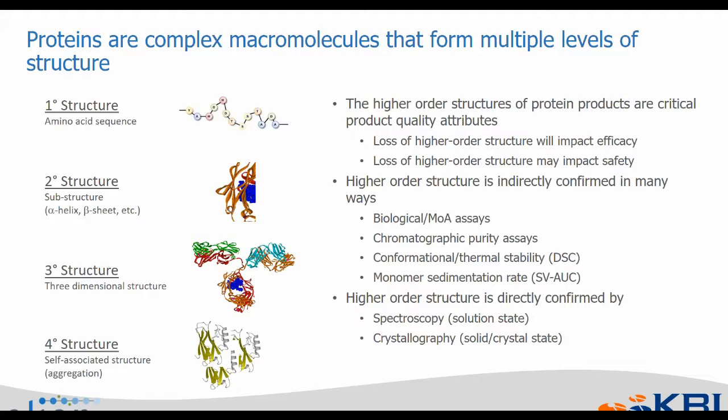There are a number of characterization tools that we also use, including differential scanning calorimetry and analytical ultracentrifugation, that can help to demonstrate protein higher order structure. In this webinar, I will be focusing on circular dichroism, which is a solution state measure, a more direct way for us to interrogate both the secondary and tertiary structure of proteins.